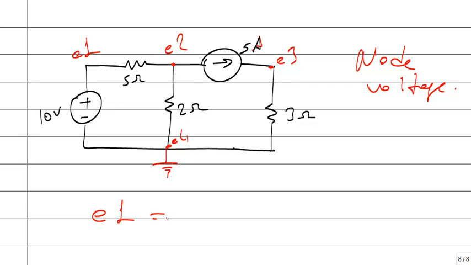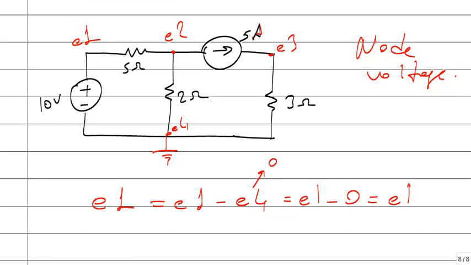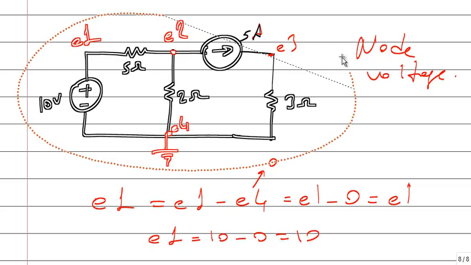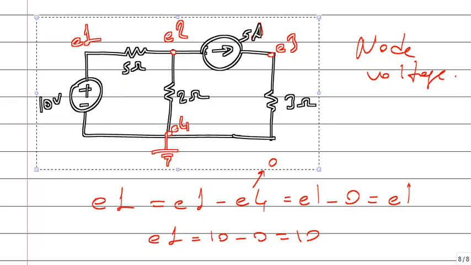It means E1 minus E4, but I have defined the ground here, so it's 0. E1 minus 0 is E1. In this example, E1 is 10 minus 0. Good.